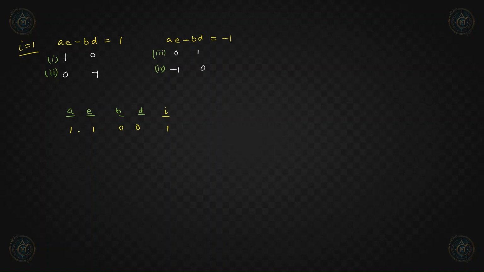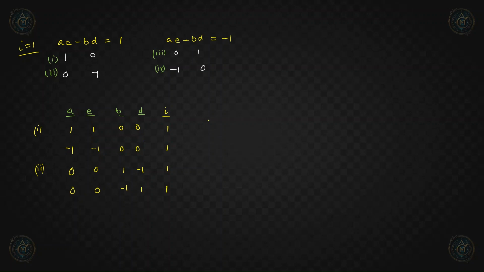Then again, let's say minus 1, minus 1, then 0 and 0, and it is again 1. Now for the second case, we have this as 0, 0 and this as 1 and minus 1, and it is equal to 1. Then again we have minus 1 and 1. These are these four cases.